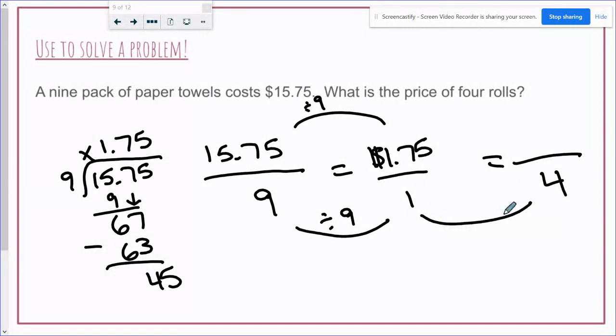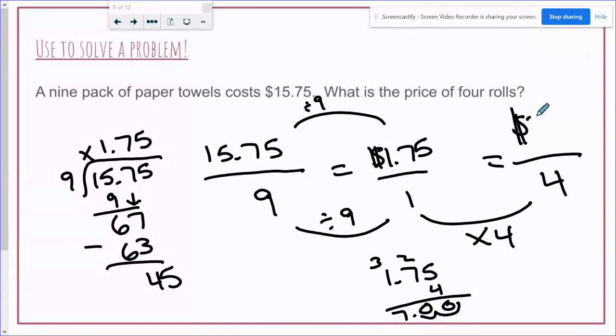And now we want to multiply that by 4 to get to 4 rolls. 5 times 4 is 20. 4 times 7 is 28, plus 2 is 30. 4 times 1 is 4, plus 3 is 7. So it would be $7 for 4 rolls.